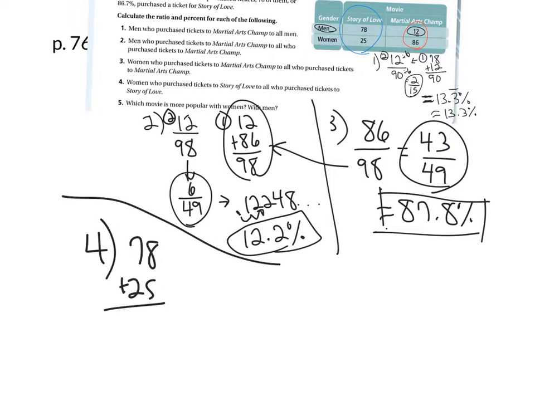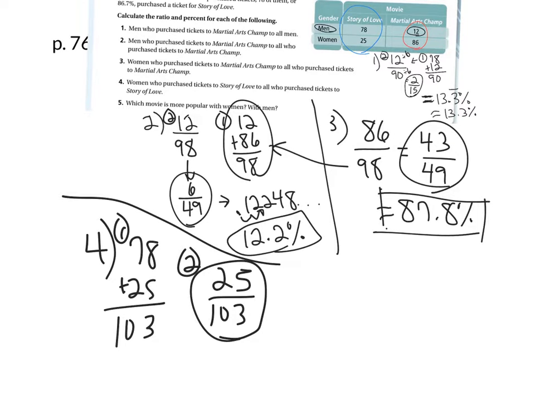So if we add 78 and 25, that's a total of 103 people. And we're looking for the women. So 25 out of 103. We can't reduce that. So divide that out, move your decimal over, and round to the nearest tenth. We're going to round that up to 24.3%.